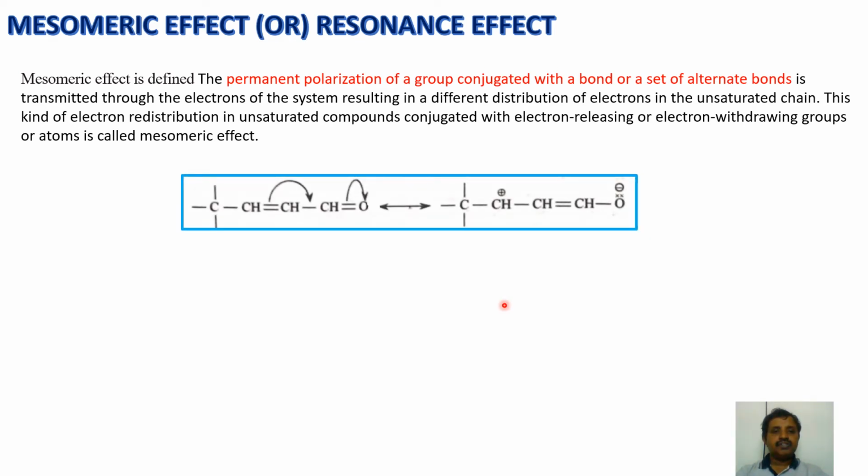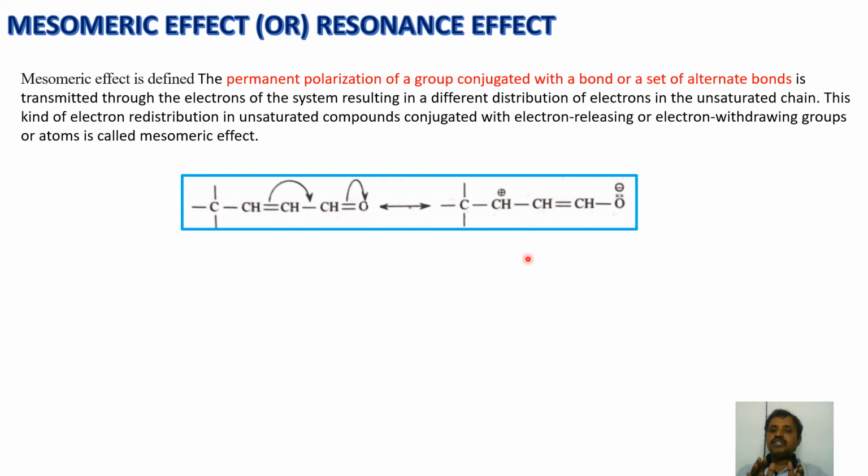Here, a conjugated double bond system shows permanent polarization of a group. You can see the double bond is moving here, and oxygen is getting a negative charge, and this carbon is getting a positive charge. That is, polarization is taking place in a neutral molecule.